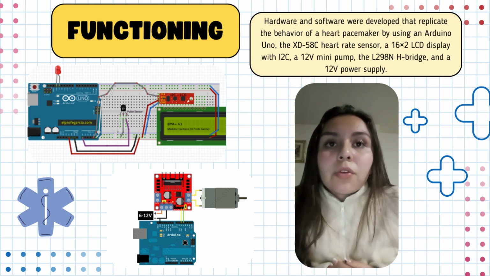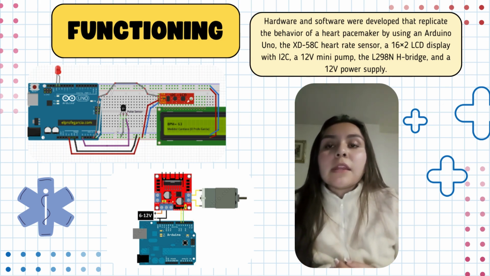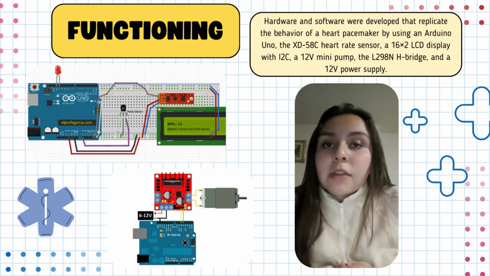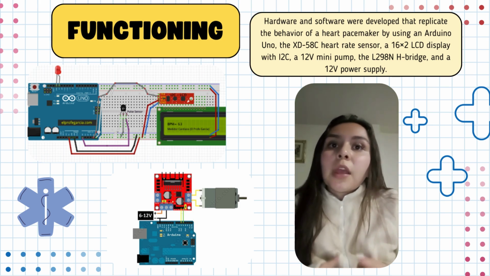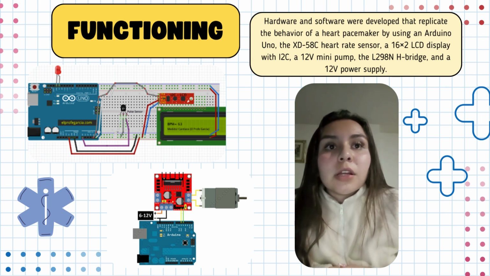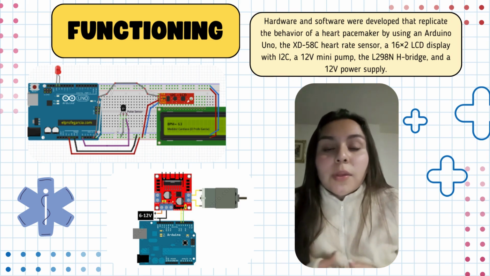This microcontroller is responsible for processing the data collected by the XT158C heart rate sensor. In addition, we are using a 16 by 2 LCD screen with an I2C and 12 volt mini pumps.